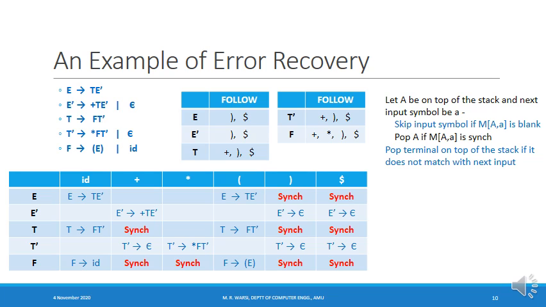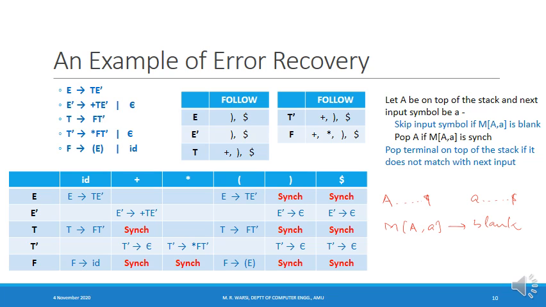Now my error recovery strategy is like this. Let us say I have capital A on top of the stack and the next input symbol is small a. When I consult the parsing table for the entry A comma small a, I find that this entry is blank. So this denotes the error condition.